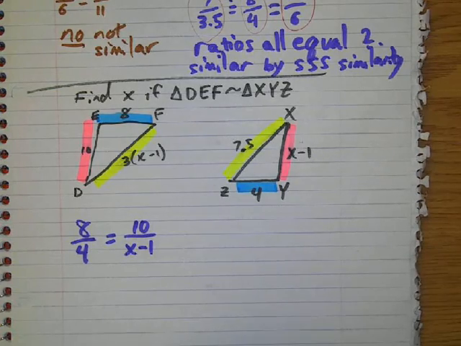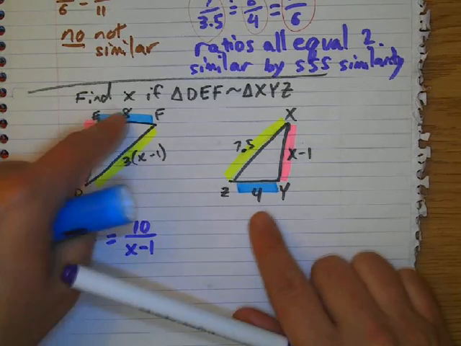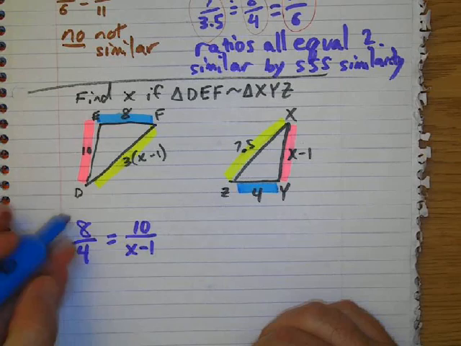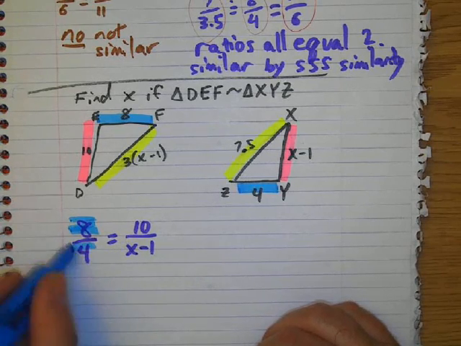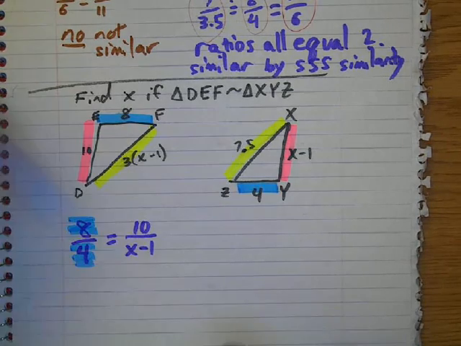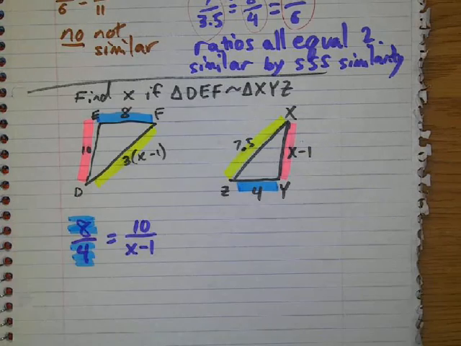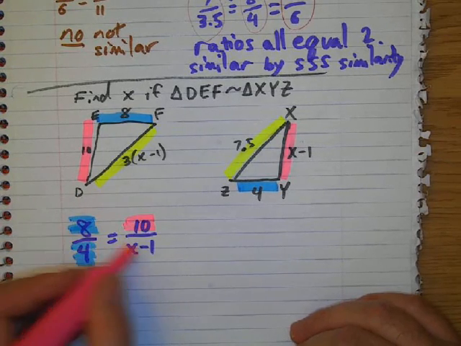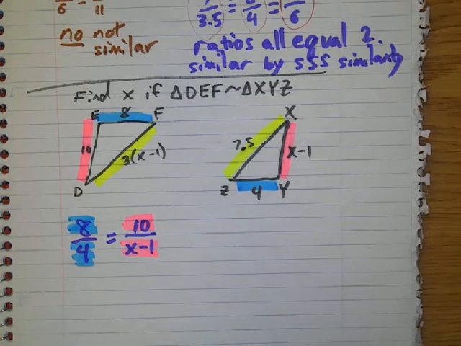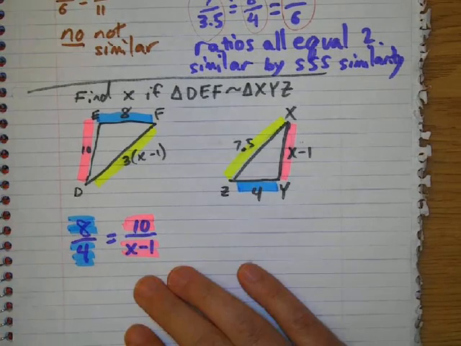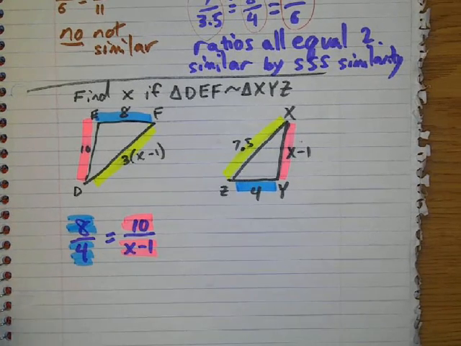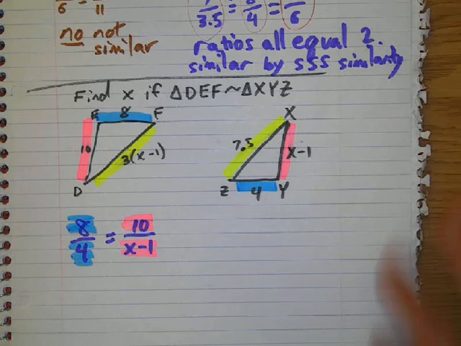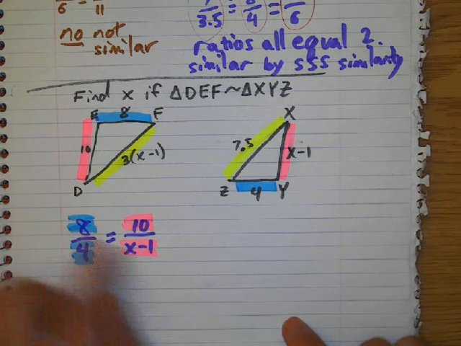Okay, so I'm setting up the ratio of the smallest sides, which are the blue ones here, and I'm setting the ratio of the second smallest sides, which are highlighted in pink. And I could have set up the ratio with the yellow sides and the blue ones as well, and either way would have worked. Okay, so let's solve.